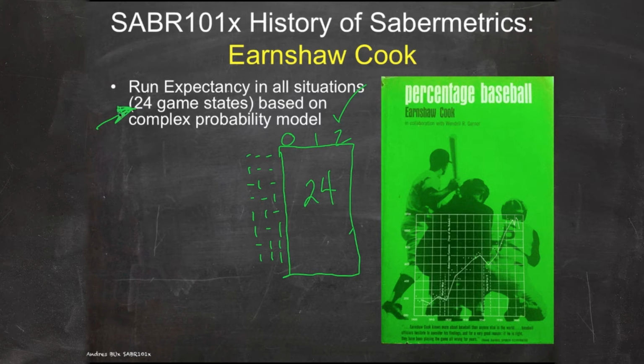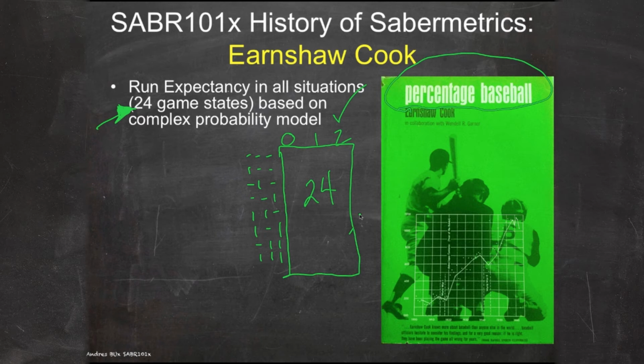But the reason he thinks he's onto something here, Cook likes his idea, is he actually gets to percentage baseball. He can look at percentage baseball because he can see, based on the scoring index of the batter, the batting ability of the batter, the probability that batter will lead to a run by the offense, also factoring in each of the probabilities that can occur with each of the 24 game states.